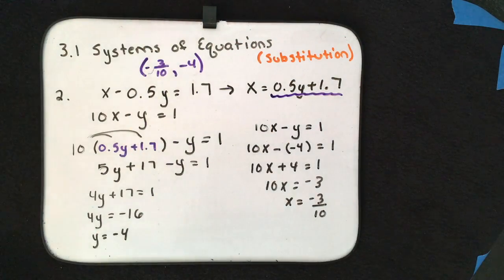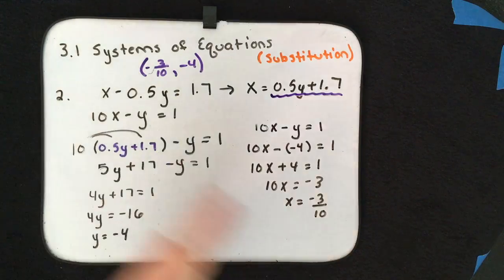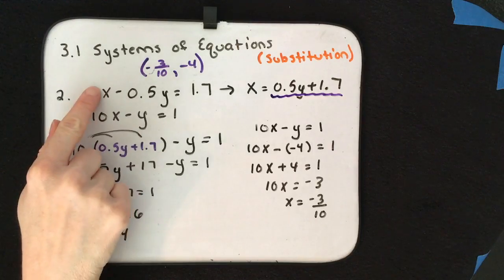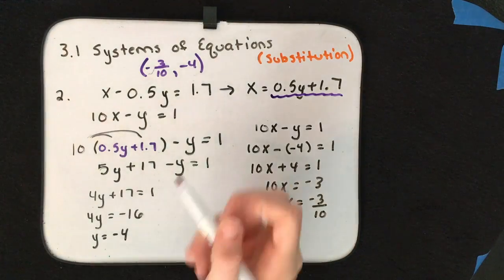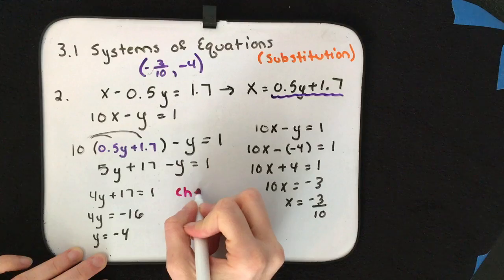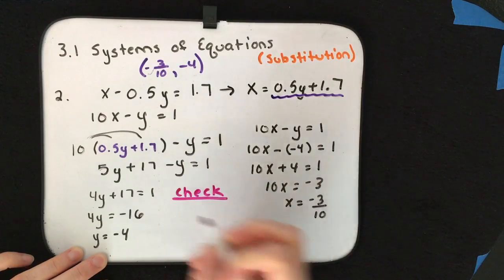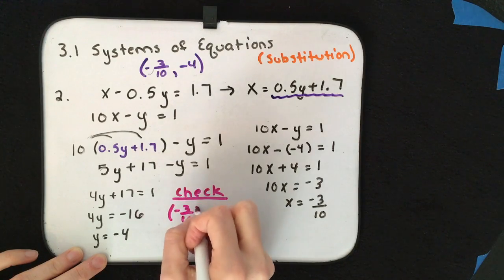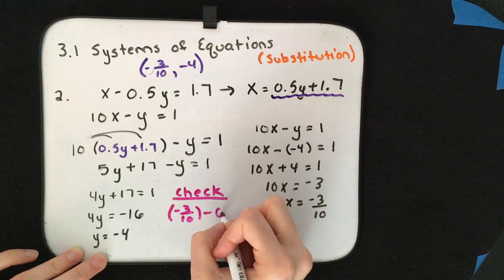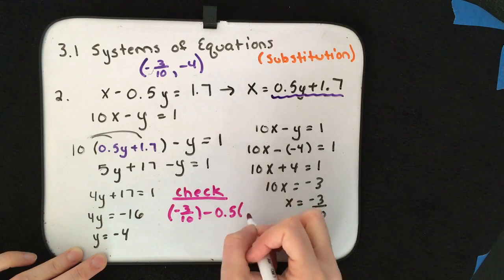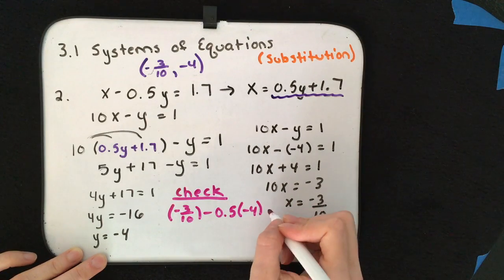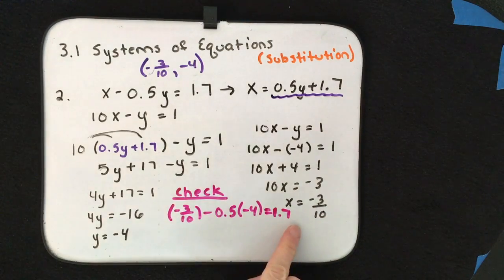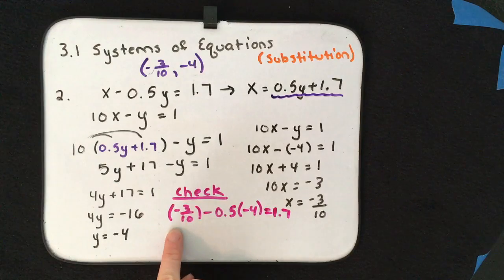Let's check it. I used this one to solve for the x value, so that means I should check it in this one. I'll put the check right here in the middle. So we have x. We think x should be negative 3/10 minus 0.5 times y, which is negative 4, equaling 1.7. Well, everything else is in decimals, so how about we put this into a decimal as well?